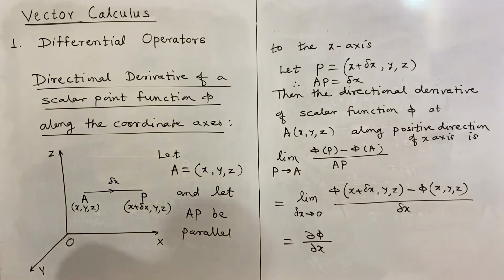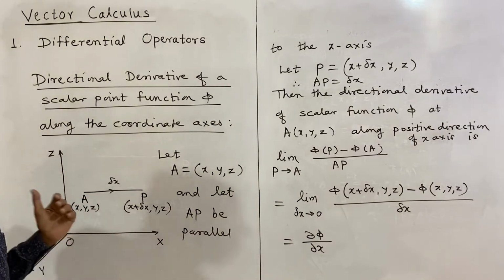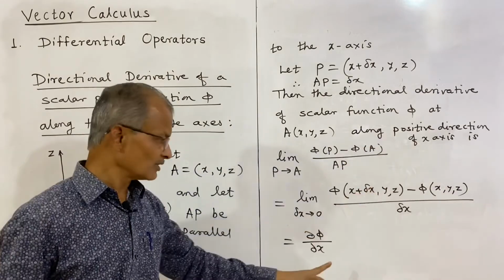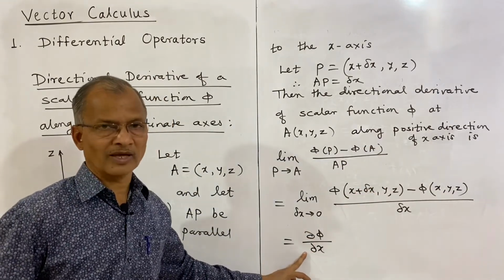Thus the directional derivative of scalar point function phi along the positive direction of the x axis is the partial derivative with respect to x.